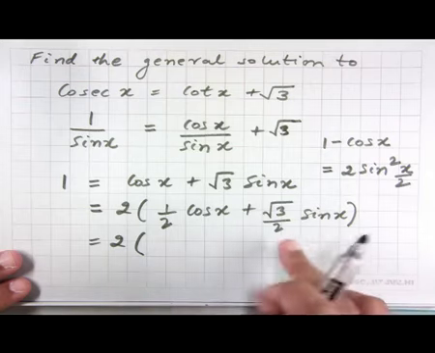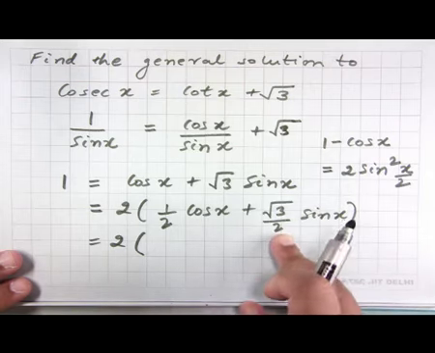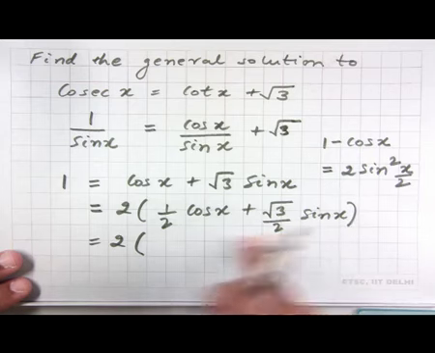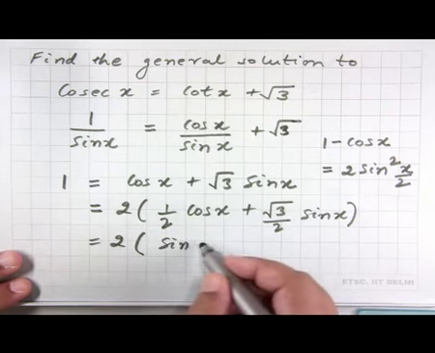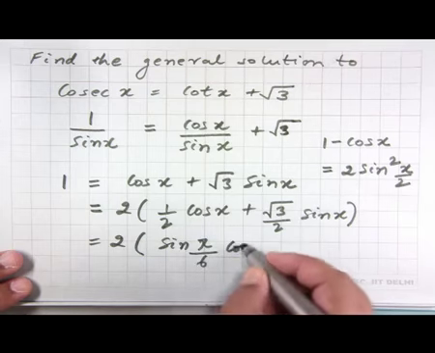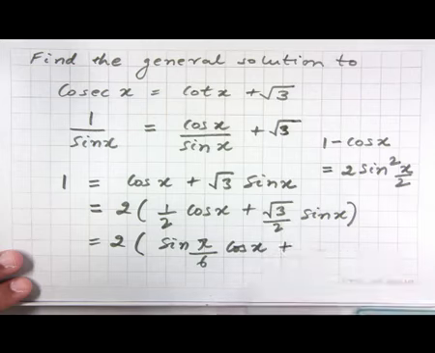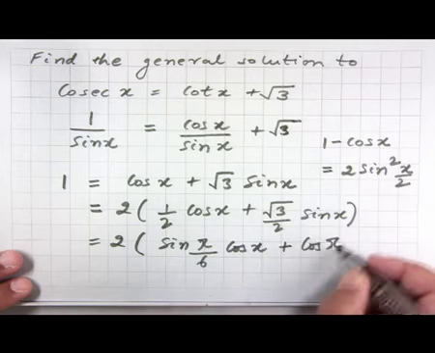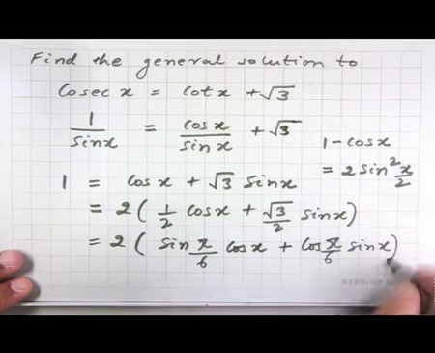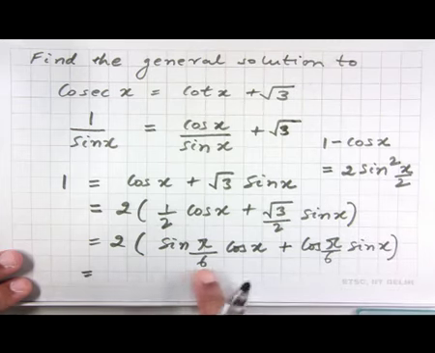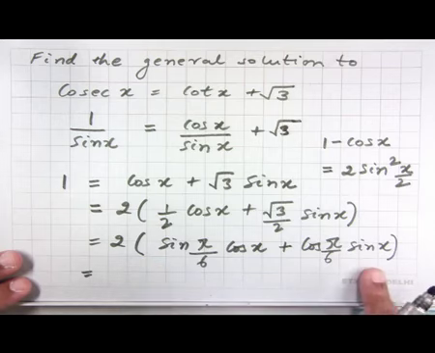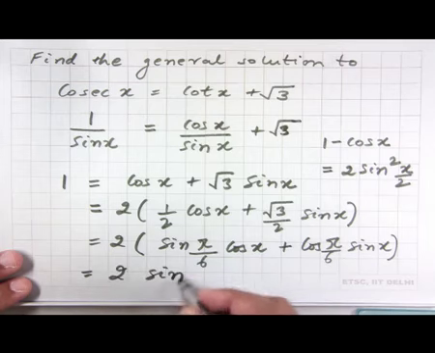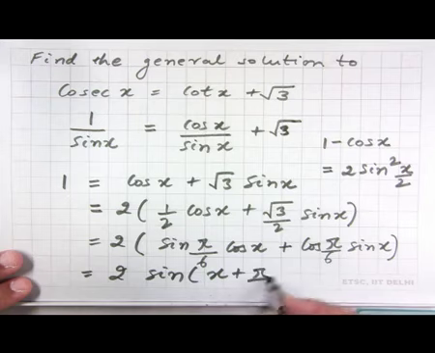We can even write root 3 by 2 as cos of 30 degrees and half as sine of 30 degrees, as sine of pi by 6 into cos x plus cos pi by 6 into sin x, and this is of the form sin A cos B plus cos A sin B. So, this thing inside the braces is sin of x plus pi by 6, 2 times sin of x plus pi over 6.